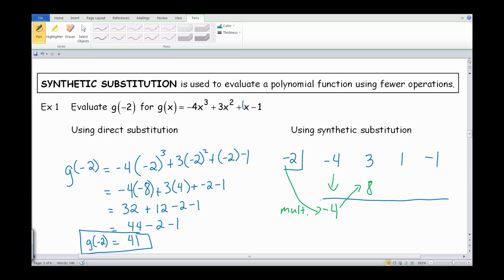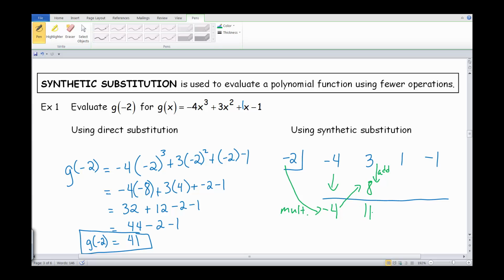Then after we've multiplied and put that number right here, we always add going down. So 3 plus 8 gives us 11. Every single time, you always add going down. Then you just repeat the exact same process. So -2, taking that number inside the box, times the number underneath the bar.